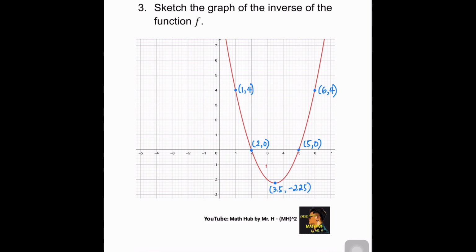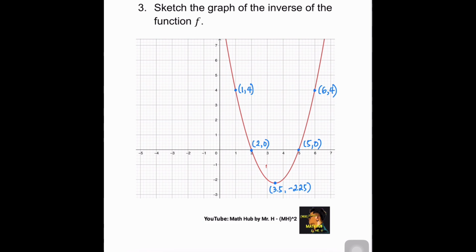All right, so why do we need to identify certain points from the graph? Because we will be using those points to find the graph of the inverse. If you go back to one of the steps that we applied in finding the inverse of the given function, if you remember the second step, we need to swap x and y, right? So we will be taking that concept and applying it here.